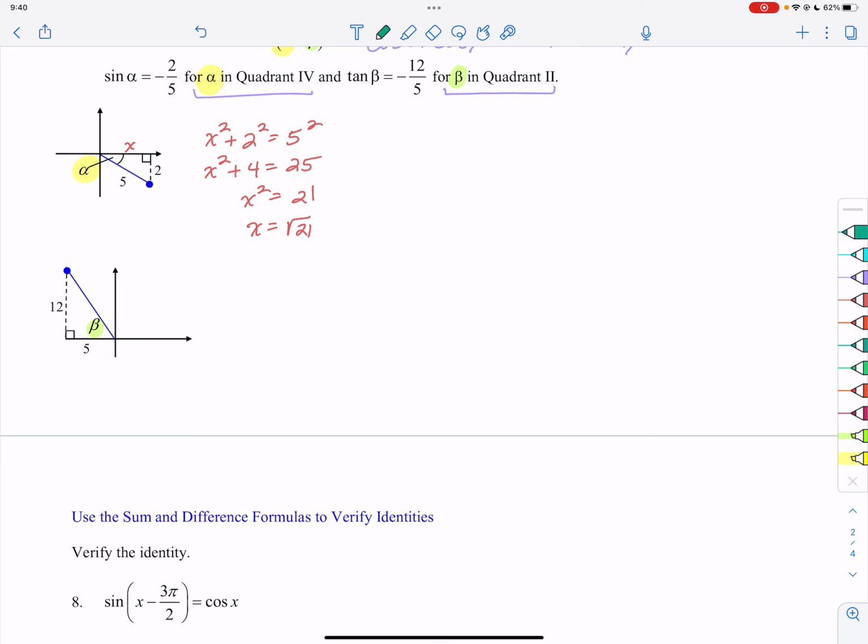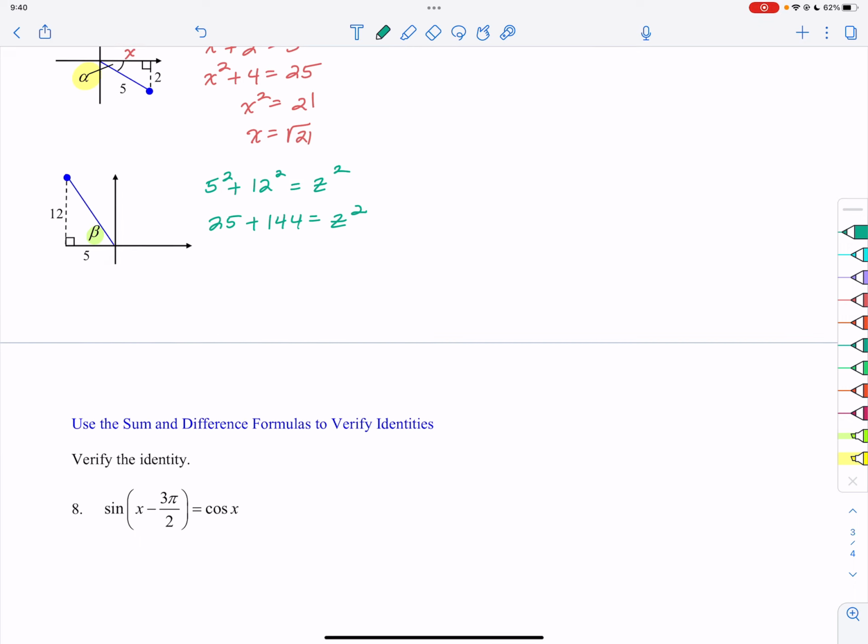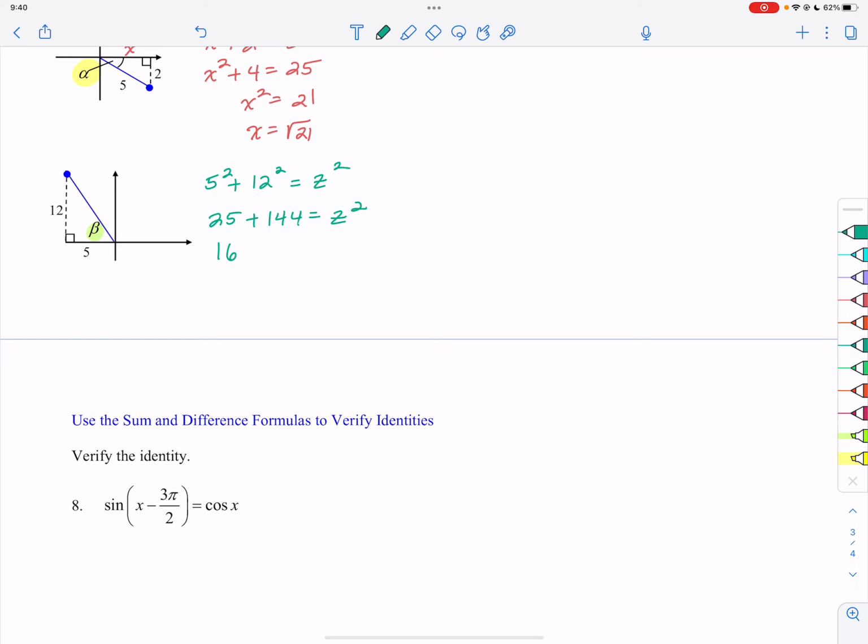We have that 5 squared plus 12 squared is going to be equal to that hypotenuse squared. I'll just use a z, but you could even use x if you want for your unknown. So we have 25 plus 144 equals z squared. So we have 169 is equal to z squared. So obviously z is equal to 13.